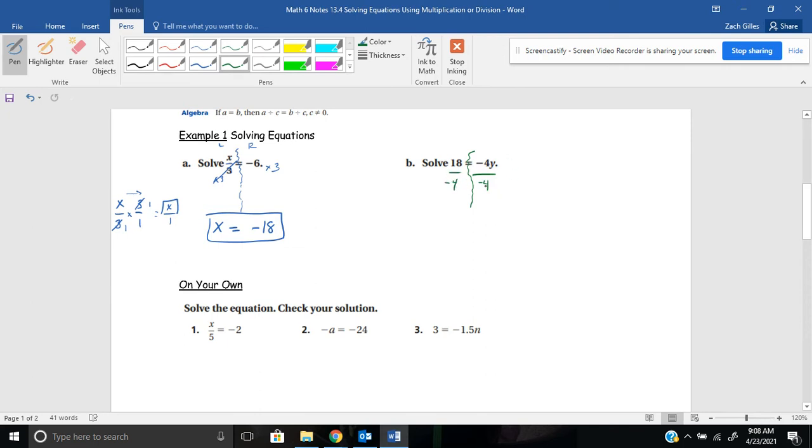And negative 4 divided by negative 4 is positive 1, so y is equal to, and then 18 divided by negative 4. Well, I know it's going to be negative because I have different signs. This is a positive and this is a negative. Anytime I have different signs and I'm multiplying or dividing, I'm going to be left with a negative answer. And then 4 goes into 18 4 whole times, which would be 16.